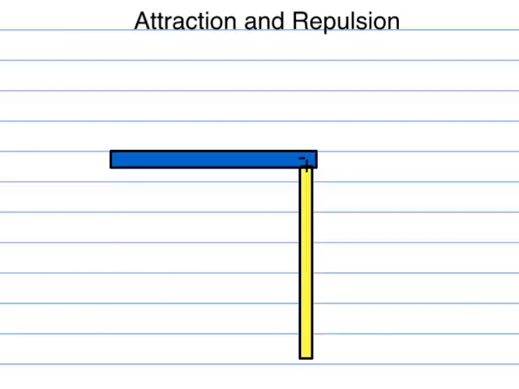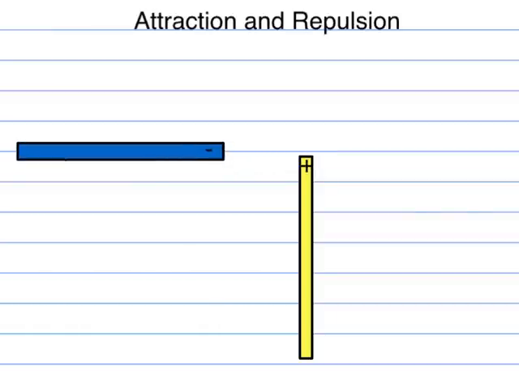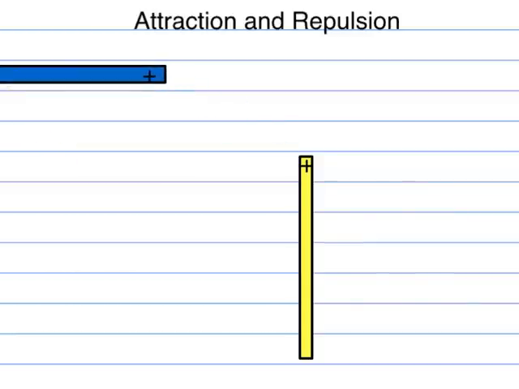They say opposites attract, and that's the reason why. If we change the charge on the blue one and move this towards it, that causes them to repel. So opposites attract and like charges repel each other.